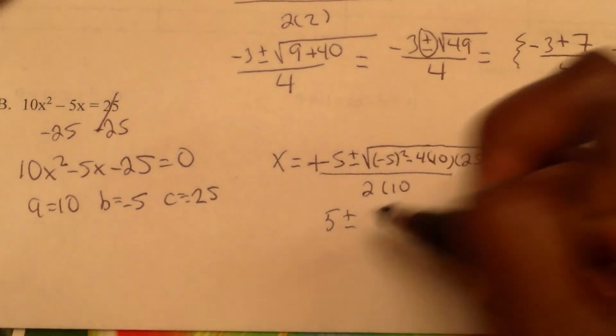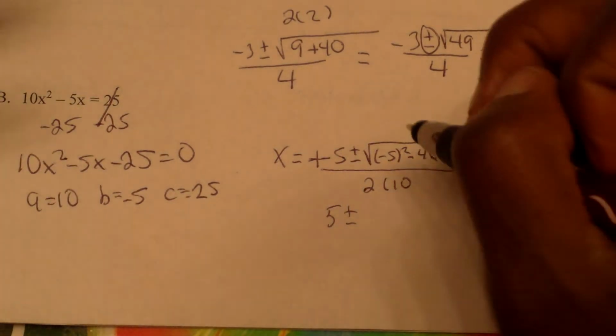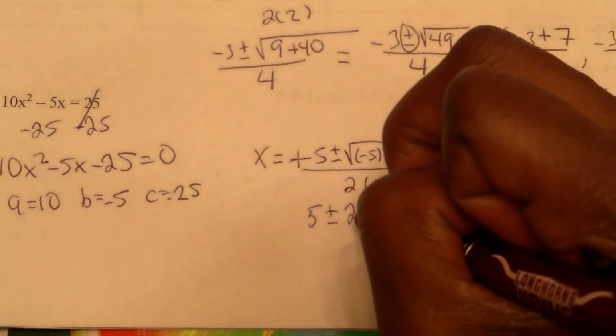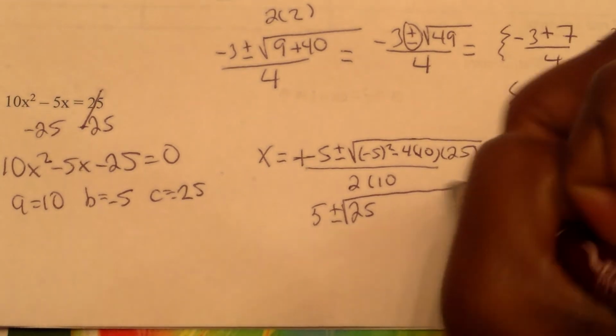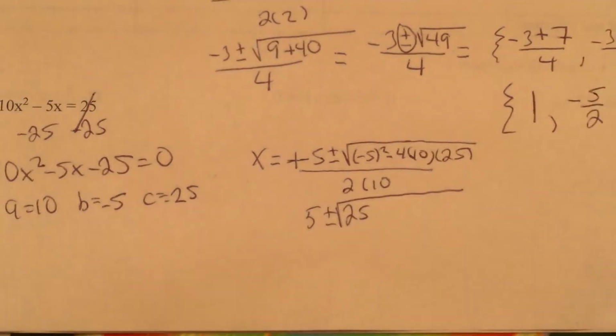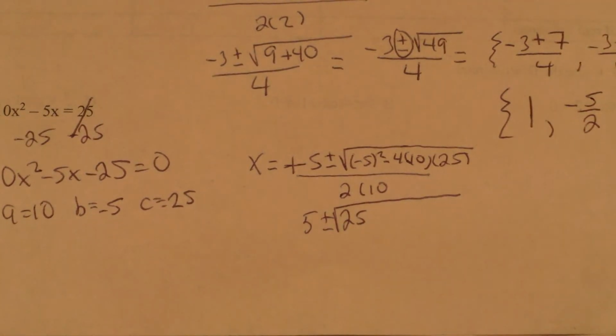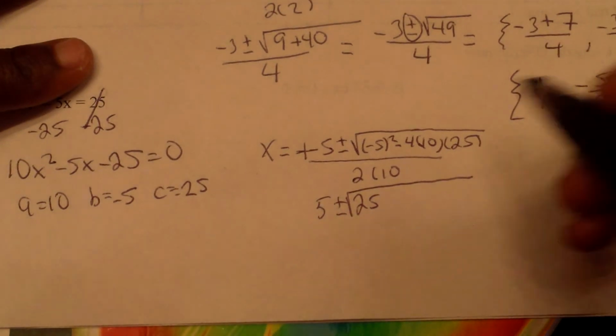We reduce that. And what's negative 5 squared? 25. Negative 4 times 10 is 40. And so I'm putting 40 times 25 in my calculator because I can't think straight. Oh, duh. 4 times 25, that's 100 and then zeros.